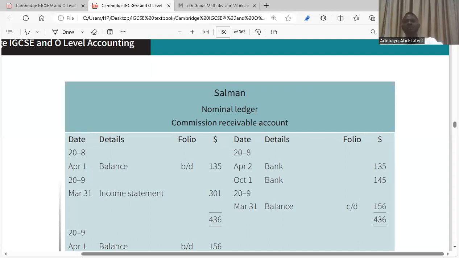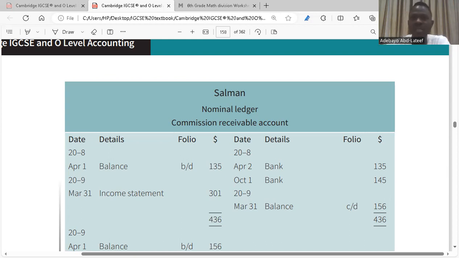So you eliminate the 135, because you add it. It's part of your commission receivable account, is it not? Yes, it is. The balance brought down is an amount that Salma collected for the job Salma has done.